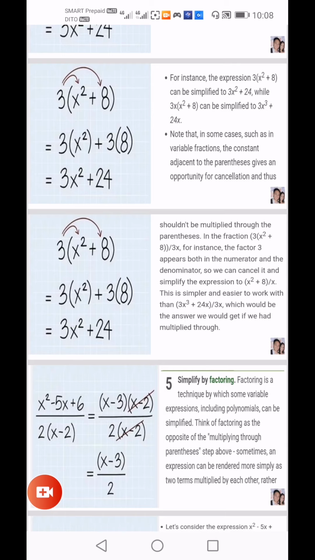So we can cancel it and simplify the expression to x squared plus 8 divided by x. This is simpler and easier to work with than 3x cubed plus 24x divided by x, which is the answer we would get if we had multiplied through.